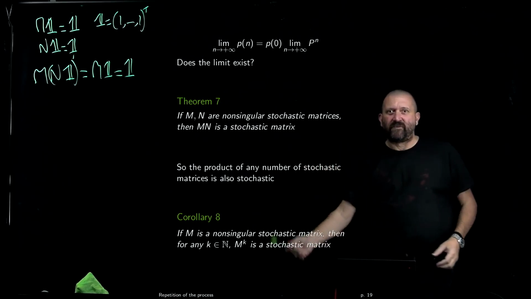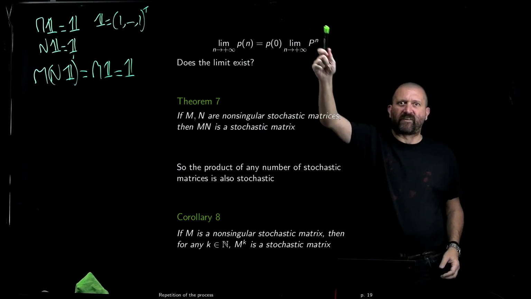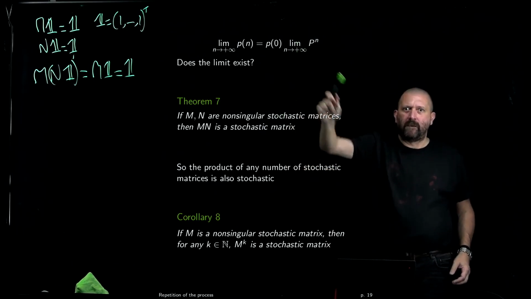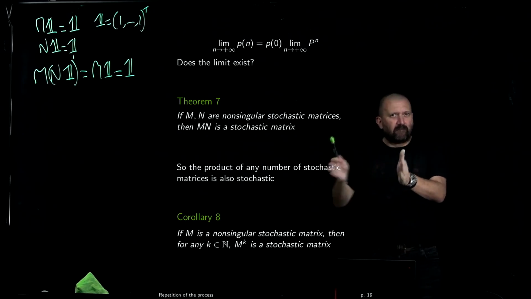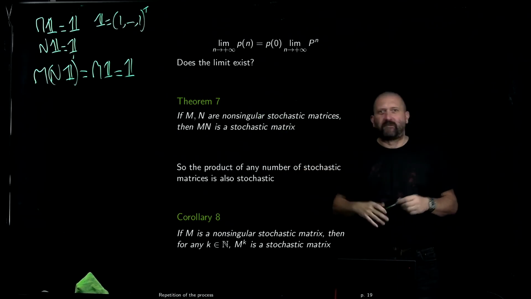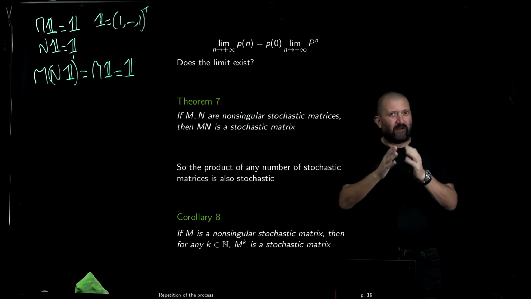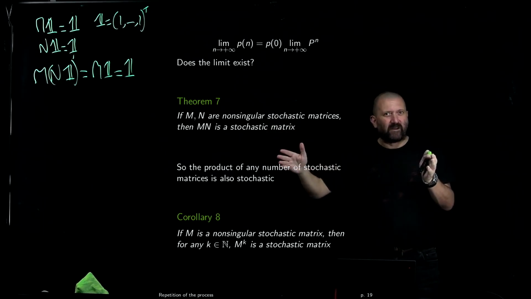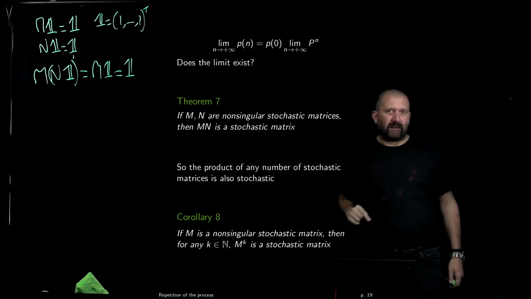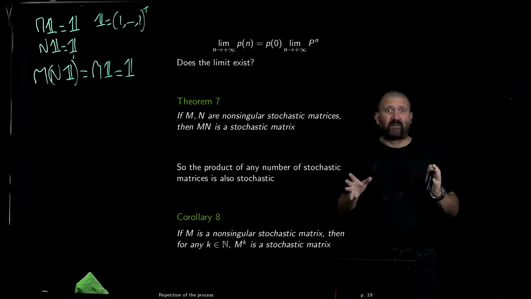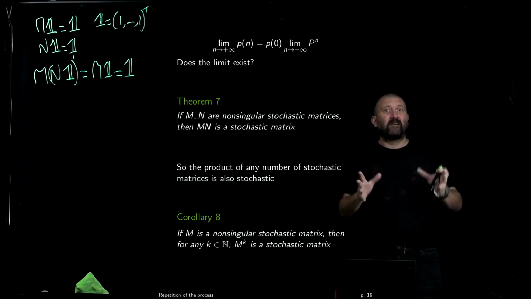So any finite or infinite multiplication of stochastic matrices is still going to be stochastic. So P to the n in this expression here is a stochastic matrix.